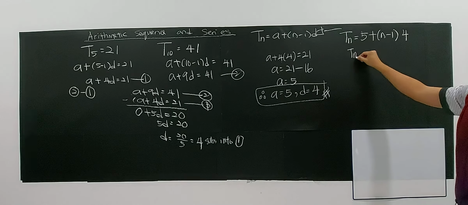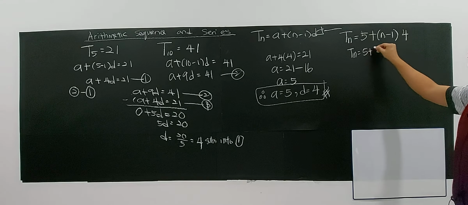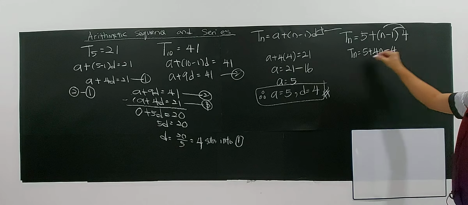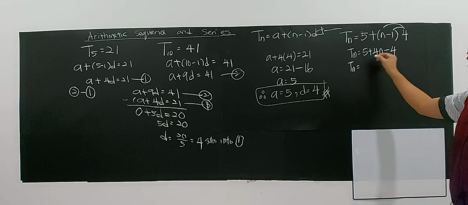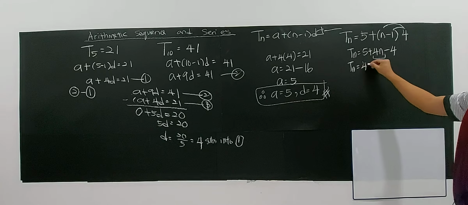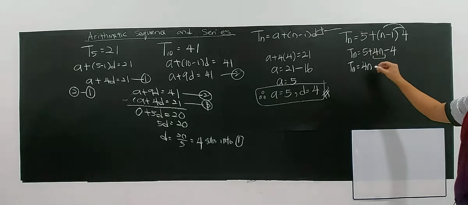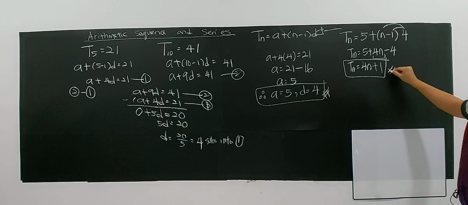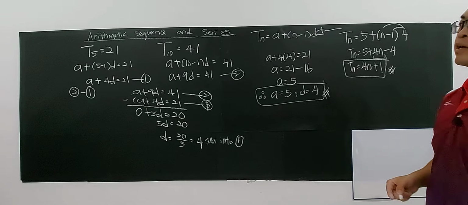Then you have Tn = 5 + 4n - 4, so finally Tn = 4n + 1. This is the nth term for this arithmetic sequence.